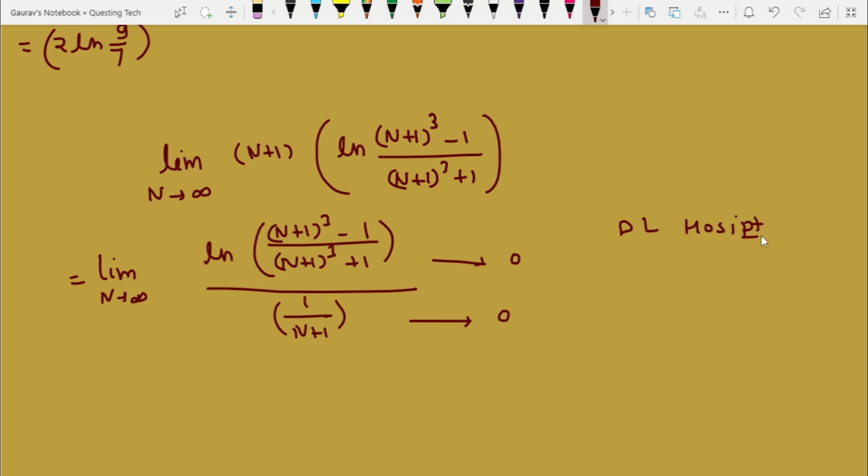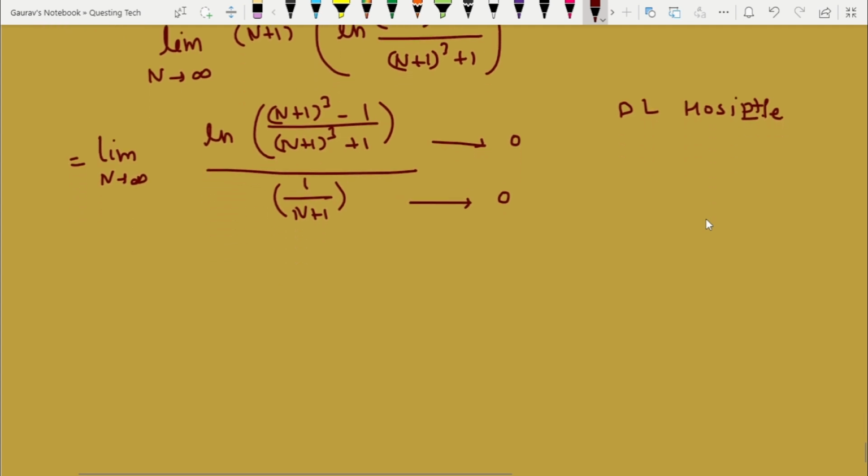In this rule, what we are going to do is something like this: limit x tending to 0 of sin x over x.